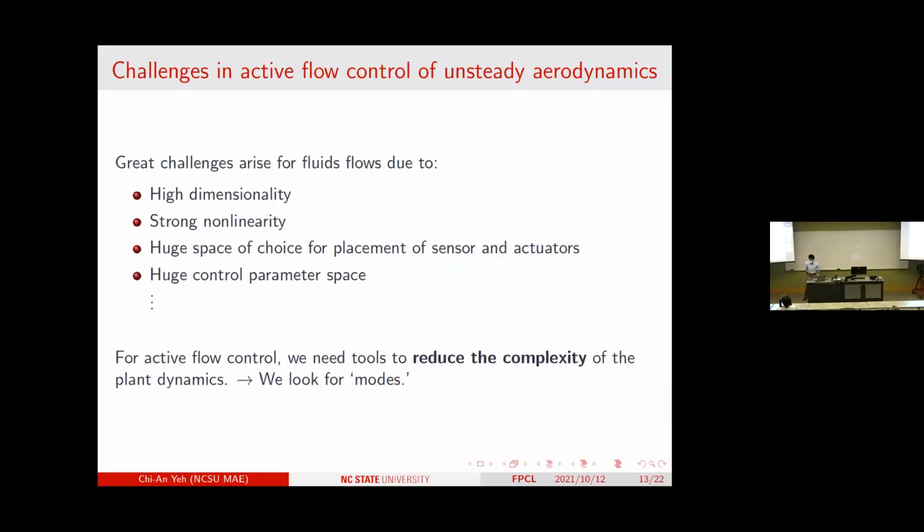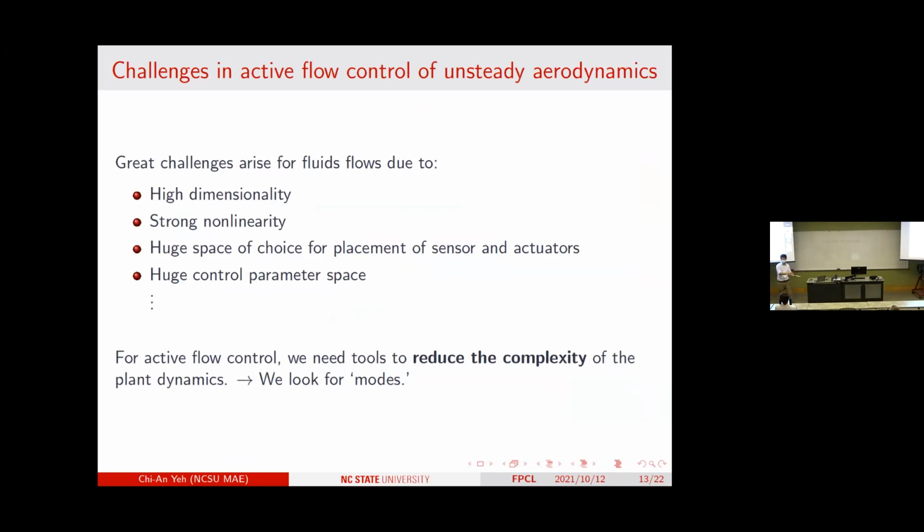All right, so this might be a bit dry here, but I just want to emphasize again: flow control is cool, but the major challenge lies in the high dimensionality. Again, infinite numbers of points you have to control. With the Navier-Stokes equation, we're lucky that we know fluid flow is governed by it.